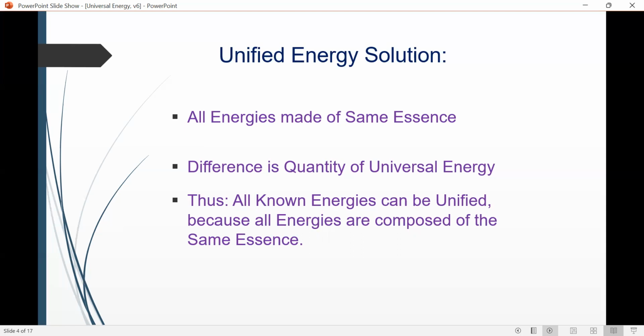So that's the difference. But we can see here that this leads us to a unified energy. We have a solution for the unified energy because all the known energies are composed of the same essence. That makes it a unified concept.